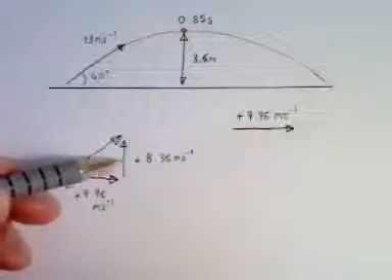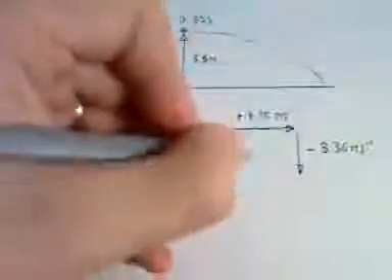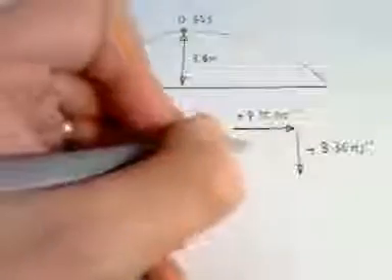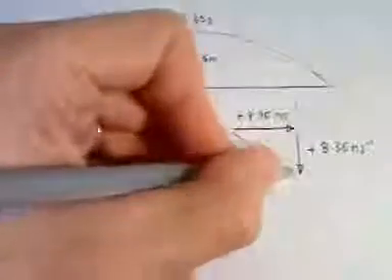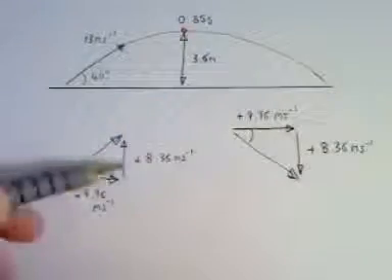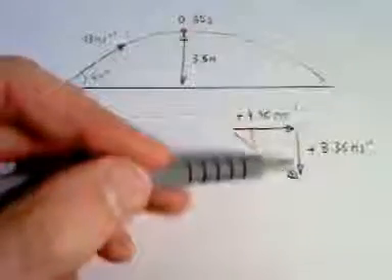We've found that the vertical velocity is the same in value, but it's negative since the projectile is moving downwards, so we have minus 8.36 meters per second. We don't really need the minus on the diagram here since we've shown the arrow coming downwards. And if we recombine those like we did in the part 1 video to get the overall velocity, well, what you'll see is these two sides are the same here, it's just this one's downwards.